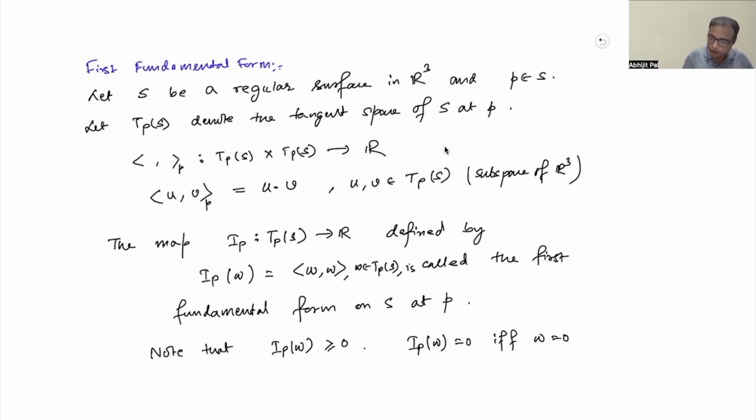Next, let me define the norm of this W. What is the definition of norm? It is the square root of the inner product of W with W, which is nothing but the square root of IP(W).